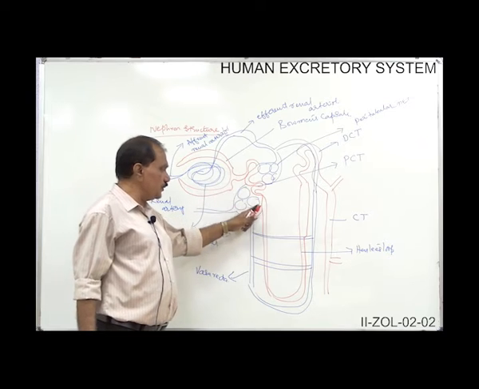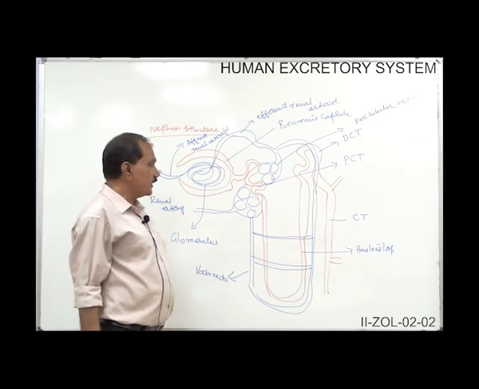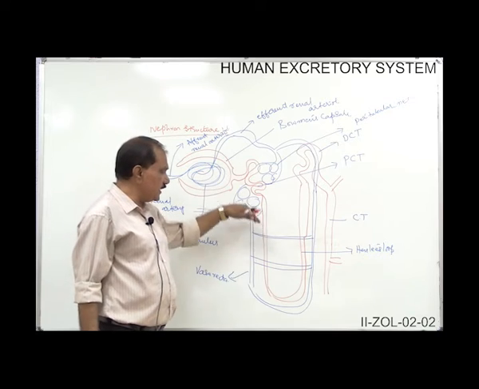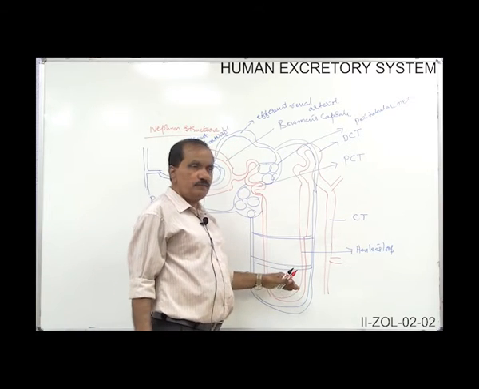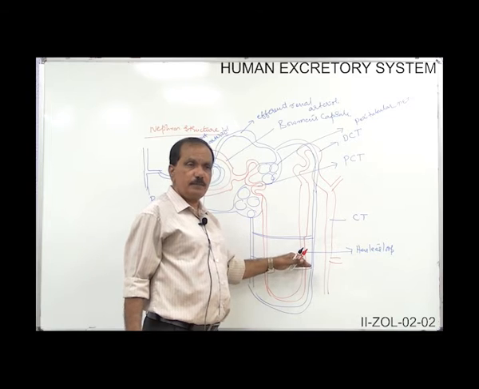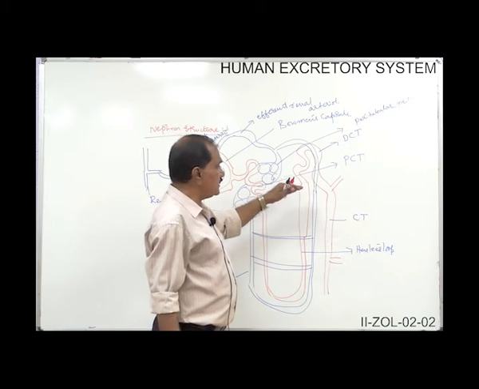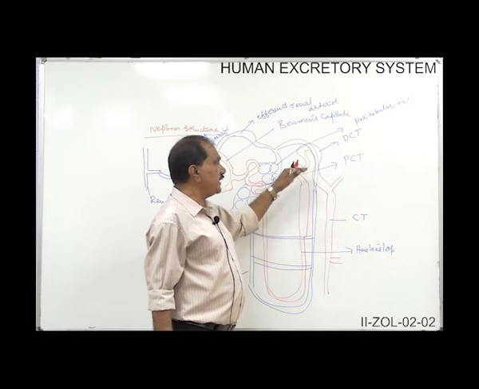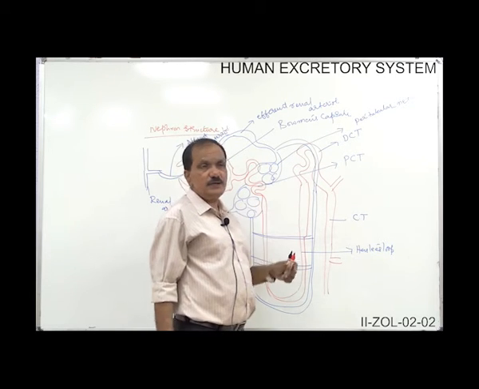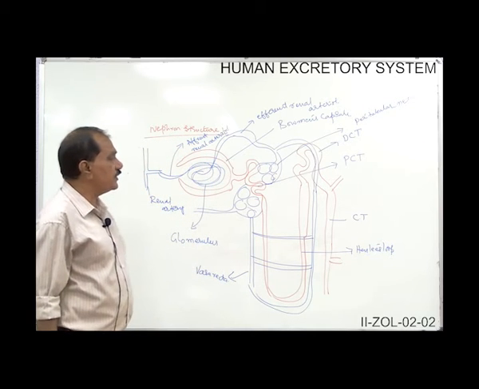Then afterwards comes the U-shaped structure called the Henle's loop. The Henle's loop has a descending limb and an ascending limb. The initial ascending limb is made up of the thin part, whereas the distal one has the thick part, and later on it is converted into the distal convoluted tubule, which is connected with the collecting tubule.